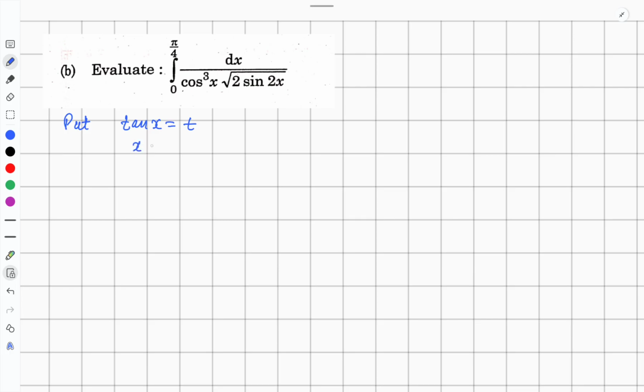So if tangent x is t, then x is equal to tangent inverse of t and dx is equal to dt divided by 1 plus t square. So dx is now figured out. We need to find out cos cube x and sin 2x now.